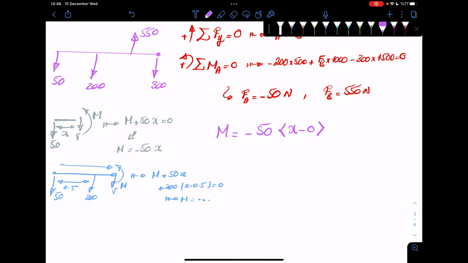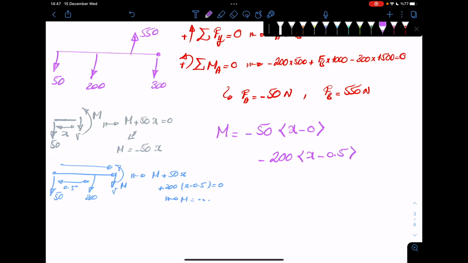Then after that, you would have a very similar structure. It's minus 200 times x minus 0.5. Basically it tells you if you are here, only this one counts. But if you are here, both of them count.